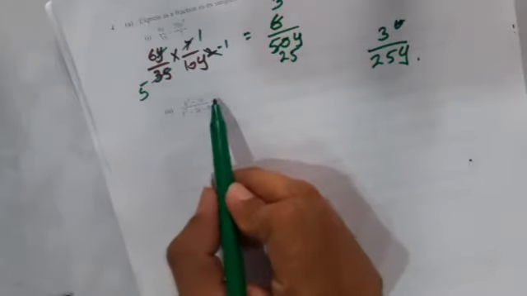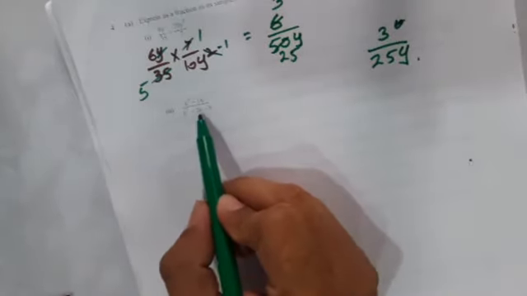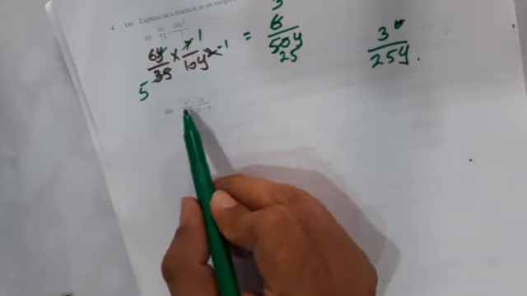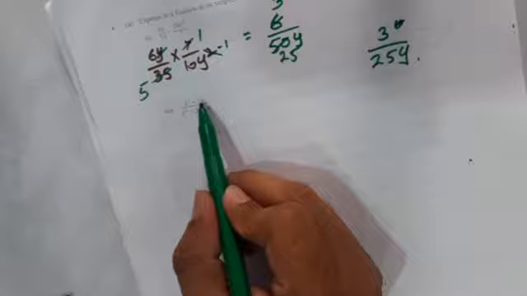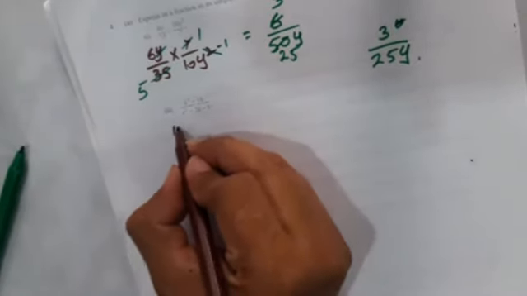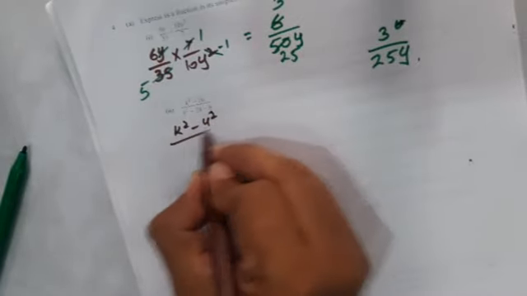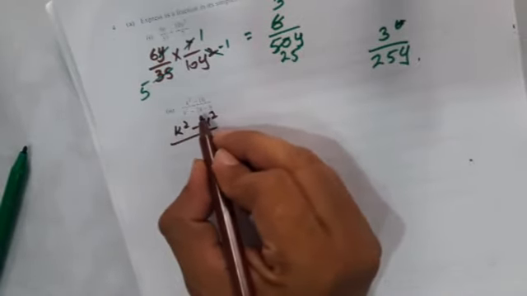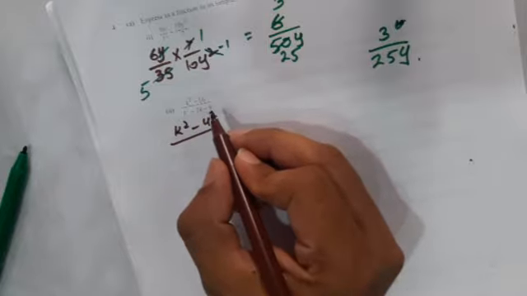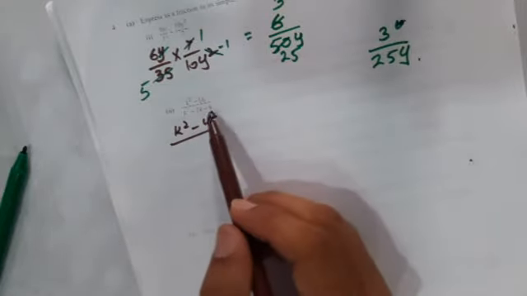Now for the second part, k square minus 16 over k square minus 2k minus 8. Okay, k square minus 16, we can write 16 as a power of 4, k square minus 4 square. And the denominator is a quadratic expression, ax square plus bx plus c, where a is not equal to 0.